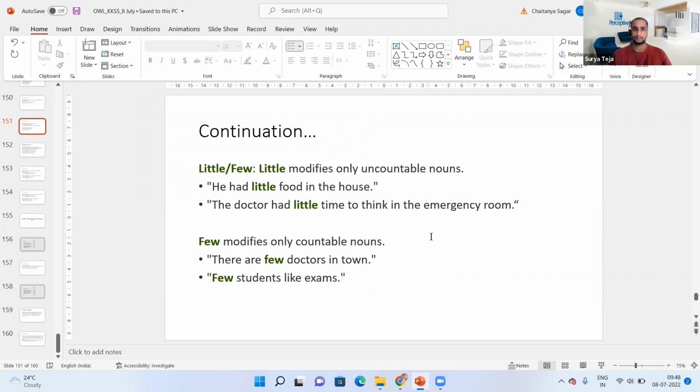Sometimes little or few is used for basically negligible items also, right, Sai? Yeah, negligible. One conveys a positive sense of meaning, saying something is there. The other conveys something like nothing is there. Right. So we'll talk about a few, a little, and associated kinds of nouns in the further sessions.